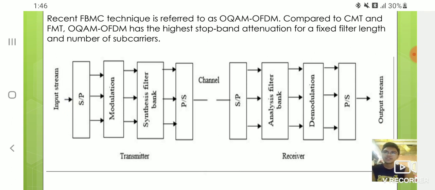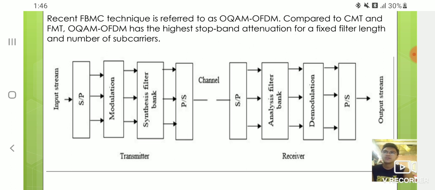According to the characteristics of OQAM, the transmission symbols of the OQAM/OFDM communication systems are the real and imaginary parts of the complex quadrature amplitude modulation symbols, and the transmission time interval is half of the symbol period between the real and imaginary symbols.